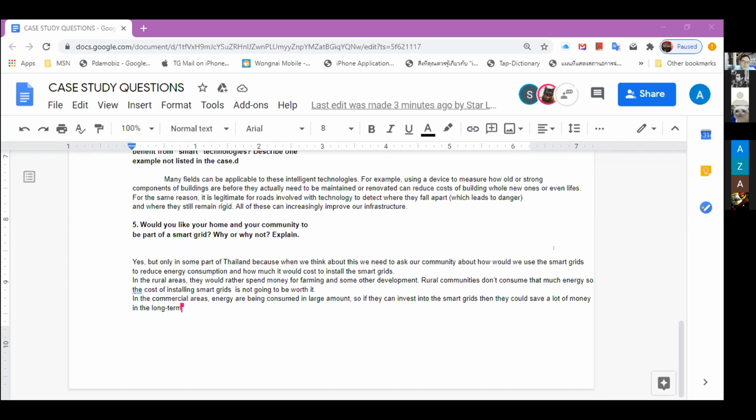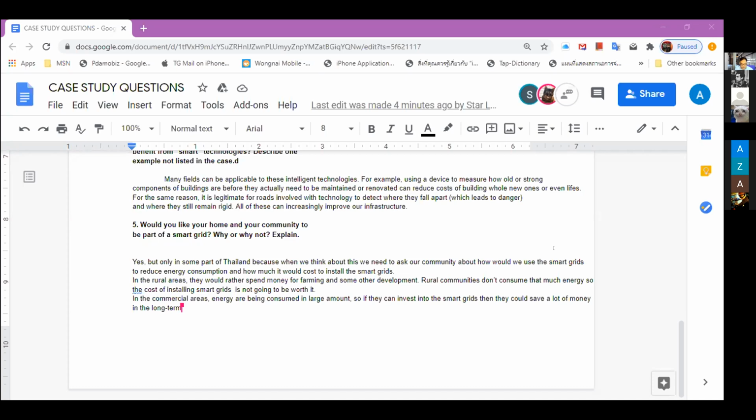But on the other hand, if we take a look at very rural areas, maybe outside of Bangkok, then we don't think it would really be worth it to have this whole system, because when you want to install it, you need a lot of money, and the cost of that could save more energy in the long run. But in the more rural areas, it's not really going to be worth it, I imagine.